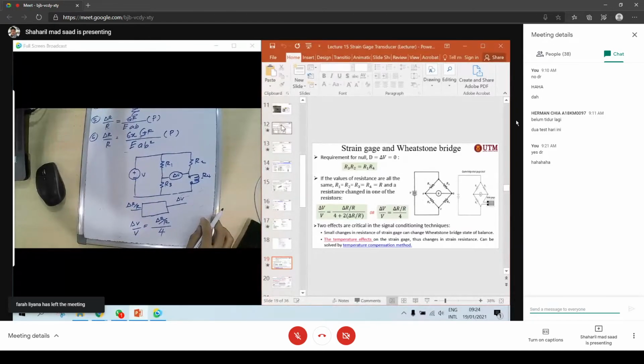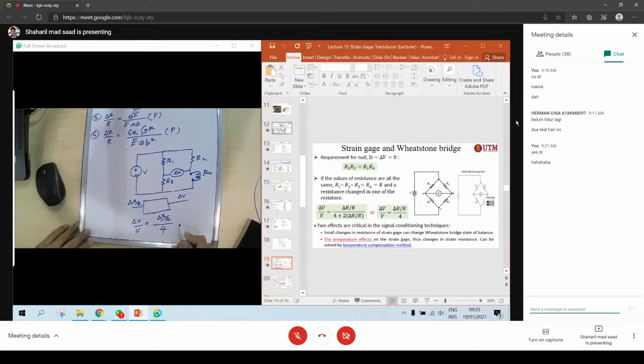If you want to find the delta R over R, we can find it. Delta V equals delta R over R times V over 4.